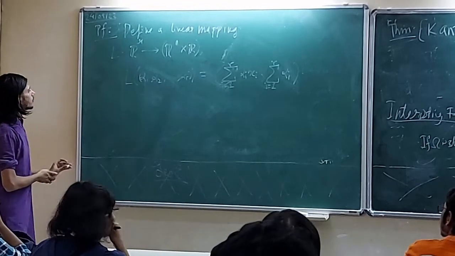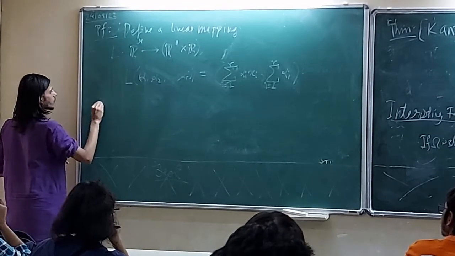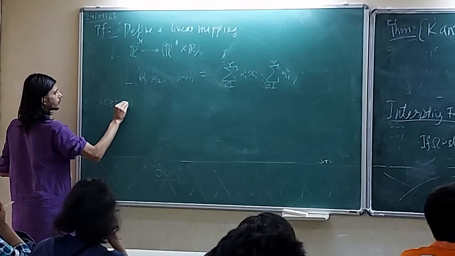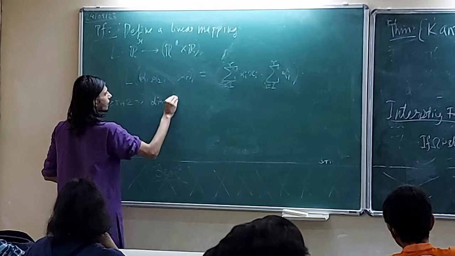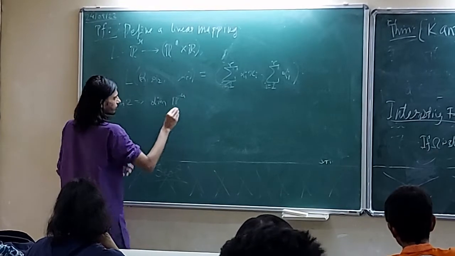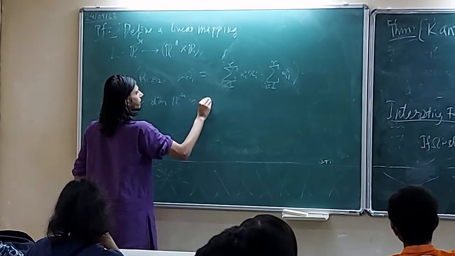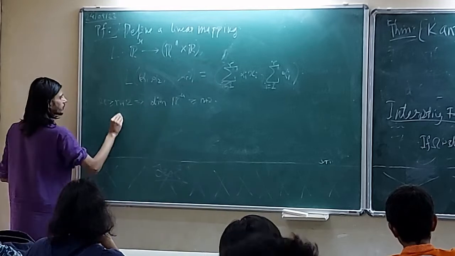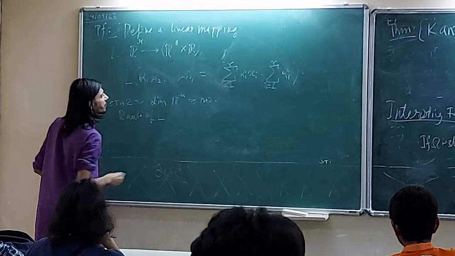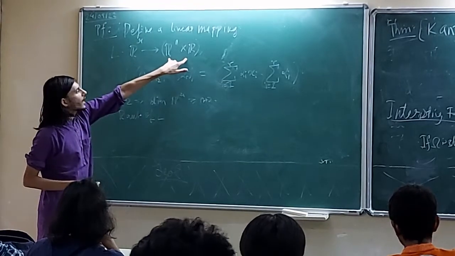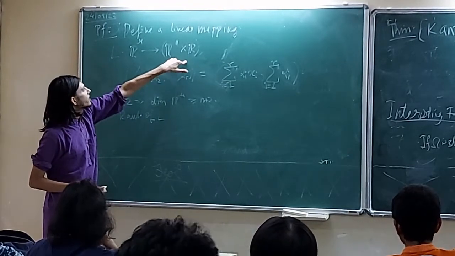Okay. Now r is greater than or equal to n plus 2, which means that the dimension of the domain, which is just r, is greater than or equal to n plus 2. But what is the rank of L? The rank of L is at most the dimension of the codomain, and this is n plus 1.